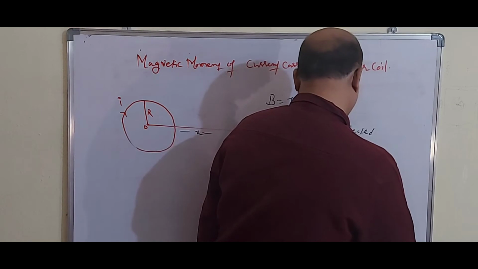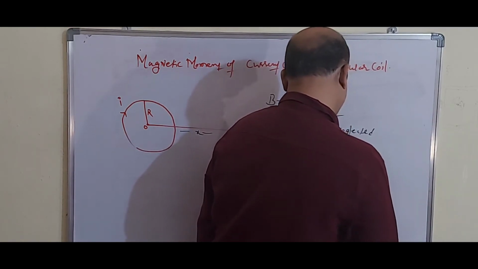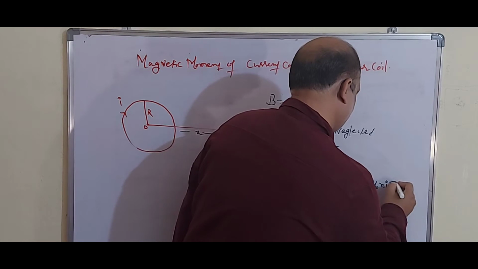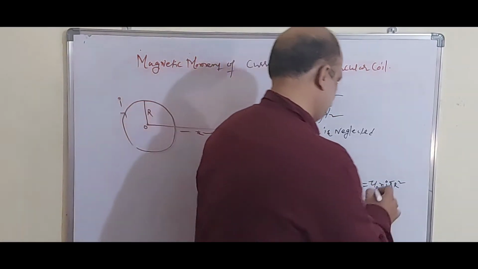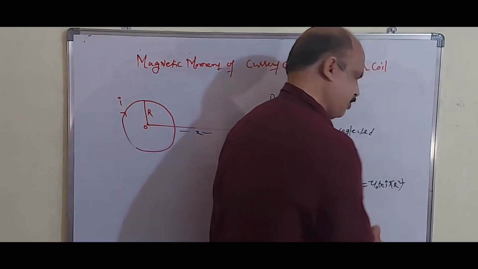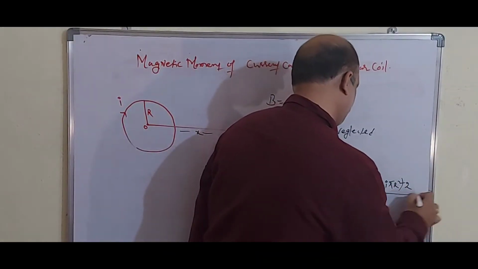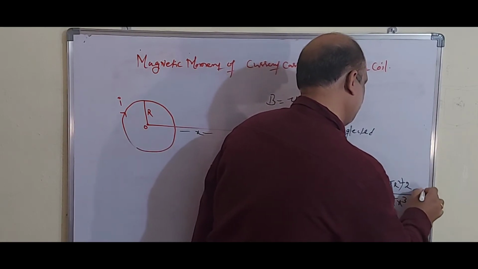So, here we write μ₀NI, and also πr², put a bracket up to this, 2 divided by 4x³ ... This is equation 1.